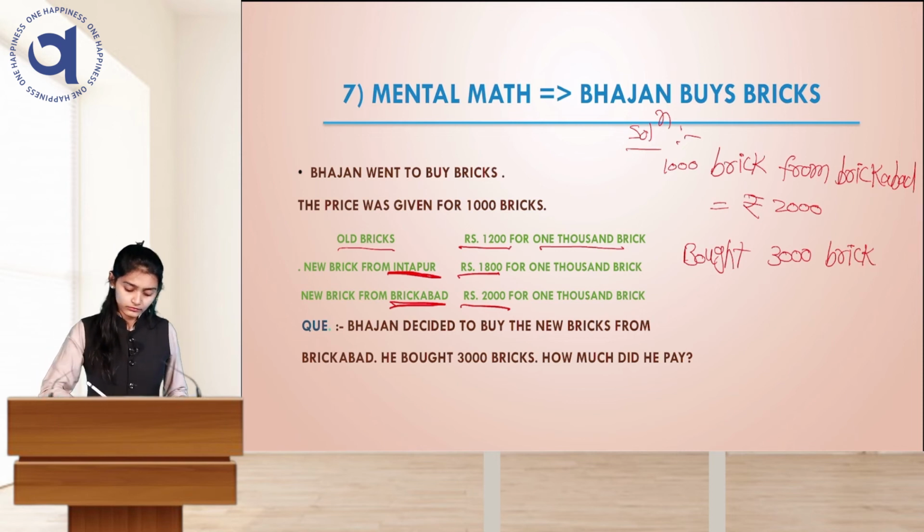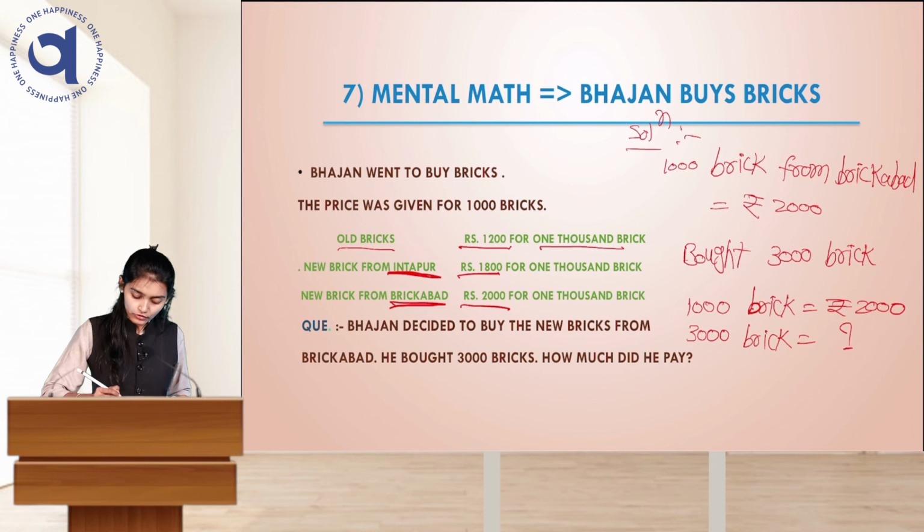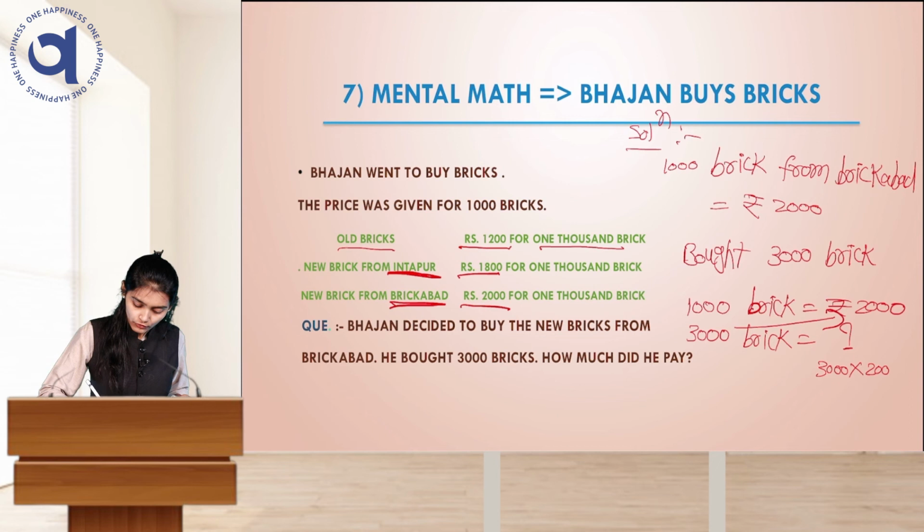So first I write here 1000 bricks, price is rupees 2000, and we have to find out for 3000 bricks. So how to solve this question? You can multiply 3000 with 2000. So I write here 3000 multiply 2000 and then divide by 1000.